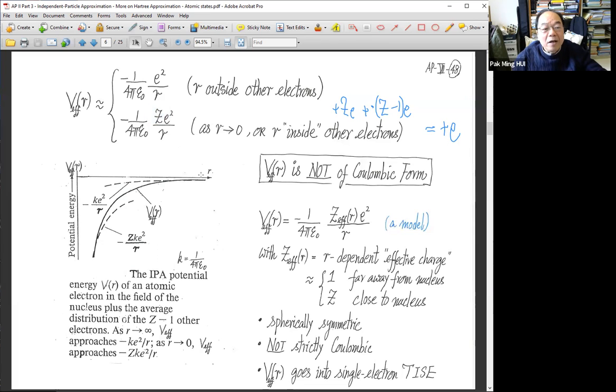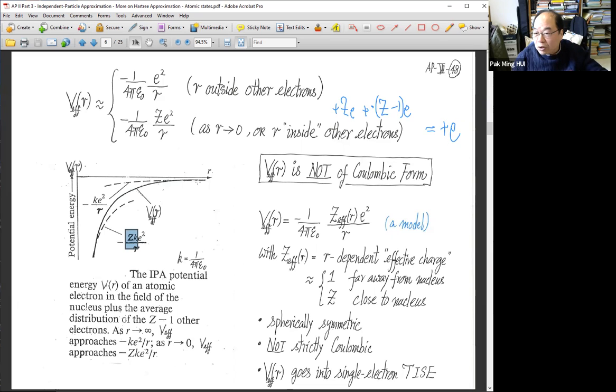So all in all, you see these two limits. Very far away, it is like minus 1 over R. It is this dashed line here, extended from this thing. Very close to the nucleus, it is another behavior, minus Z. This here goes like there.